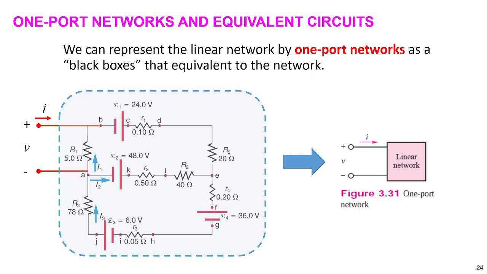Then we can further apply this theorem to the one-port network. Any complex circuit we can simplify into a network with V1 and I1. One port means two terminals, so it means a two-terminal network.